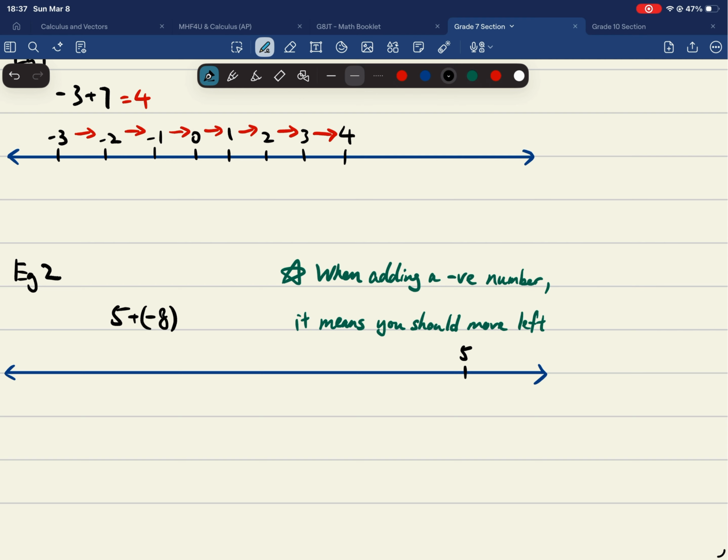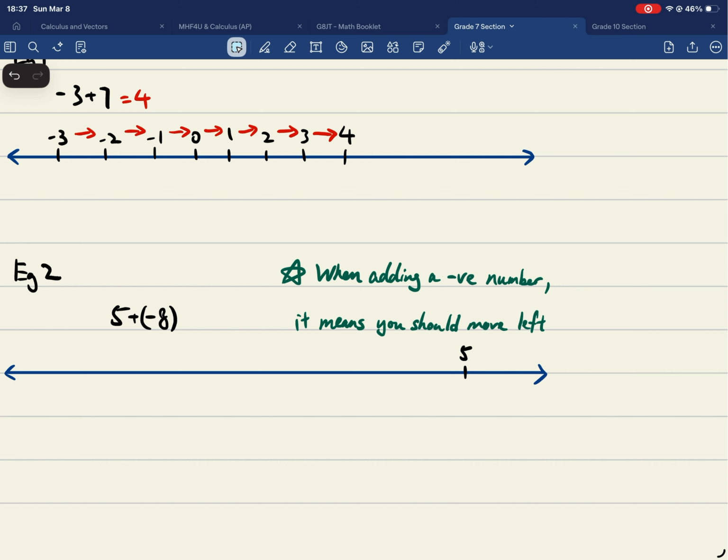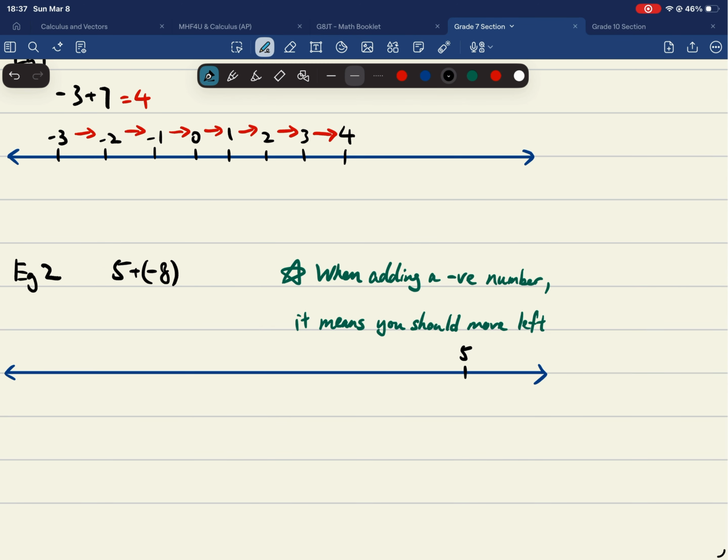So if you see the number line here, it starts at 5, and if you move left, the question tells you that you're adding -8. So you gotta move 8 steps to the left. Let's count again.